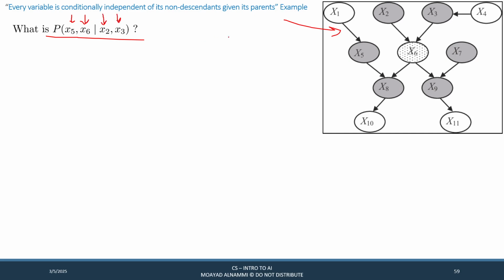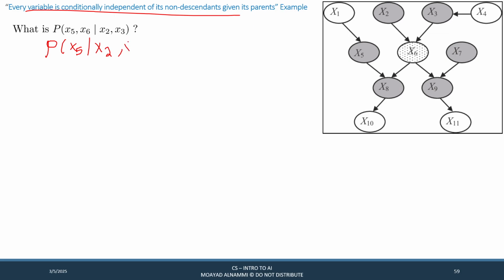One thing you notice is that every variable is conditionally independent of its non-descendants given its parents. x6 has the two parents x2 and x3, and these two parents are given in your query. So we could have simply applied this property and said that x5 is independent of x6 because we're given the parents.